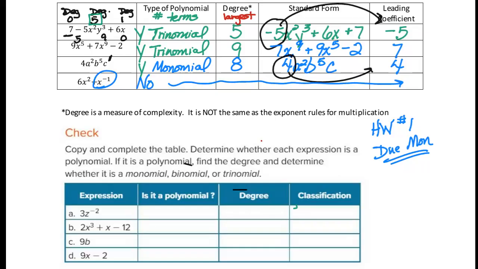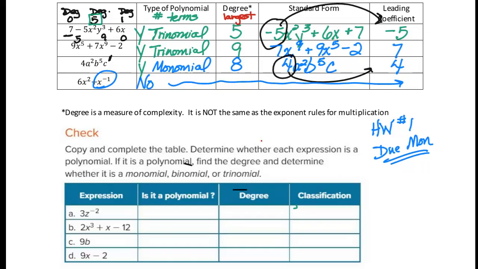Did it add up to 9? No, because that one's 9 by itself, right? So to get the degree of the whole big term, you find the largest degree. So what's the degree of this term? What's the degree here? Okay. And this one is degree 0. So the largest would be 4, but that has a special name. 4th degree is quartic. So this is a quartic trinomial.